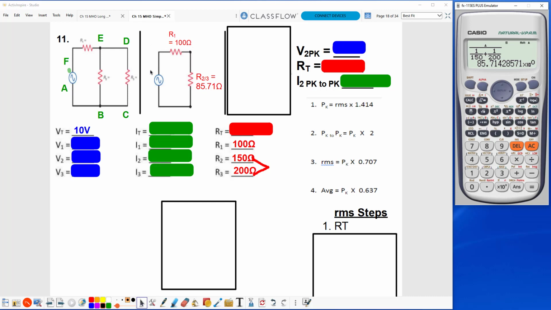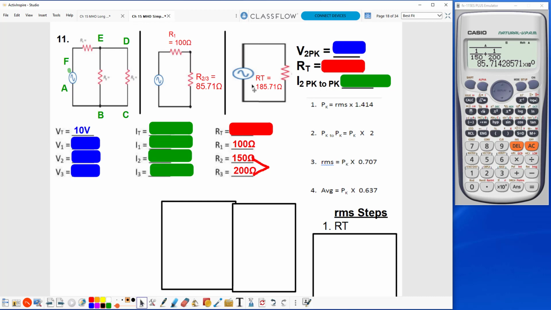Alright, in my second redraw, I see that I have 100 ohms in series with 85.71 ohms. What do we do with resistors in series? We just add them together. So this shows me that my total resistance will be 185.71 ohms. Anytime I can get 2 out of 3, I can solve for the third.